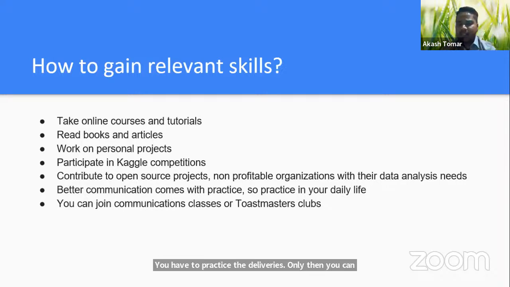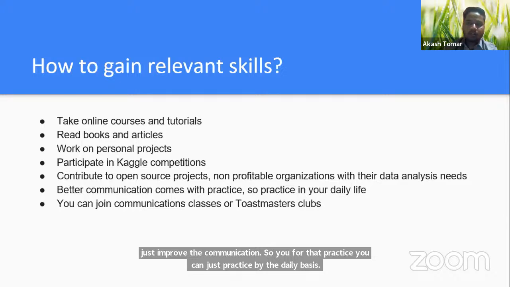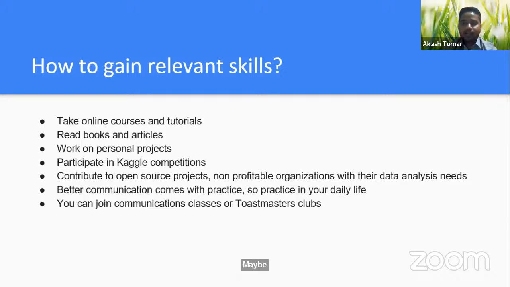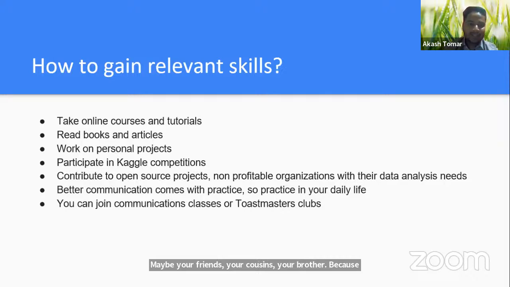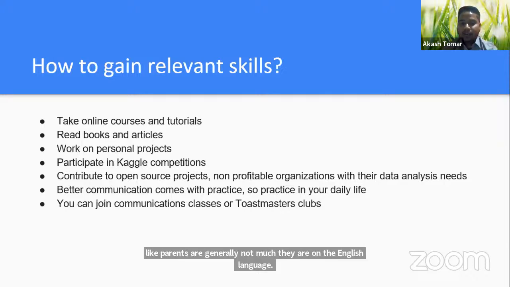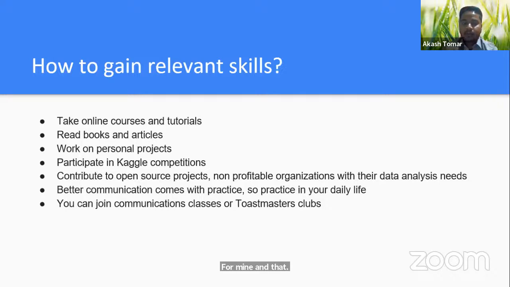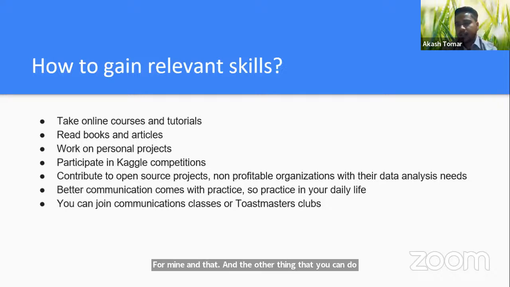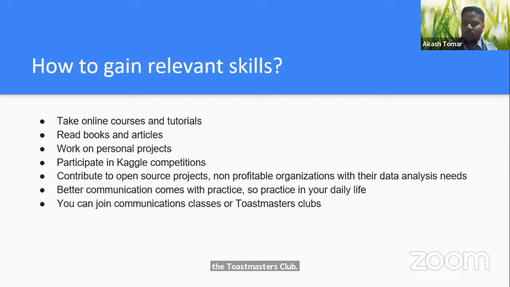For that practice, you can practice on a daily basis with your friends, your cousins, your brother, sister, because parents are generally not much aware of the English language. For mine, they are not. And the other thing is that you can join communication classes, or there is the Toastmasters Club. I hope a few of you have heard about the Toastmasters Club.